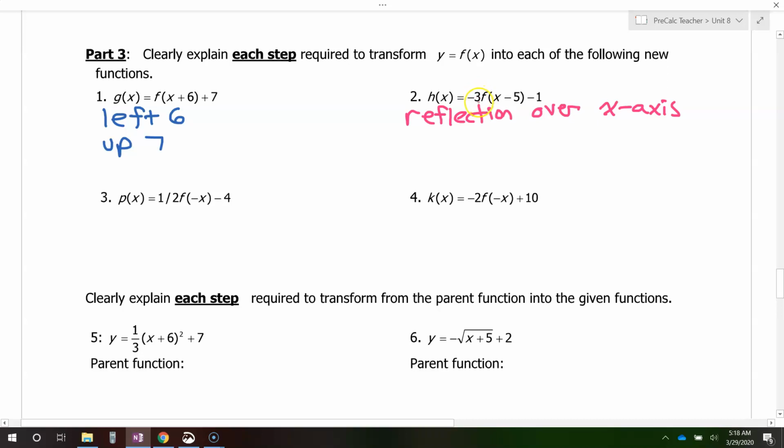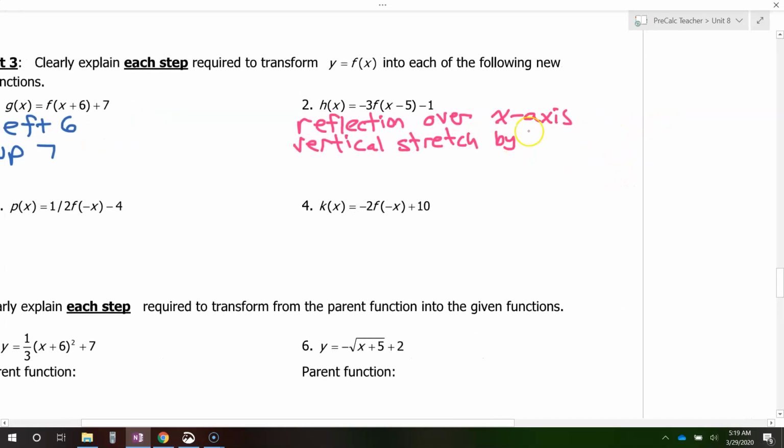That's bigger than 1, so that's going to be a vertical stretch, and we should say by a factor of 3.